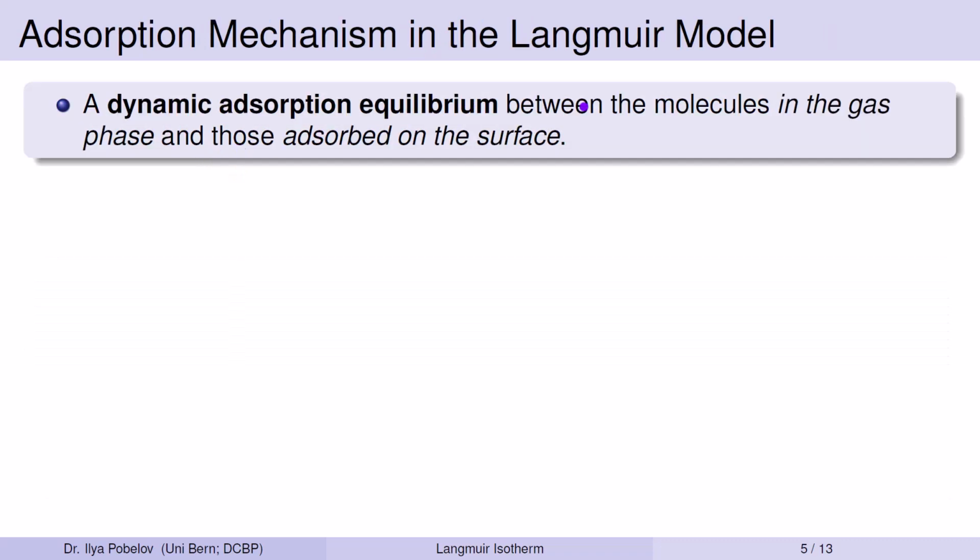In the Langmuir model, the adsorption process is understood through a dynamic adsorption equilibrium between the molecules in the gas phase and those adsorbed on the surface. This equilibrium is represented by the following mechanism.